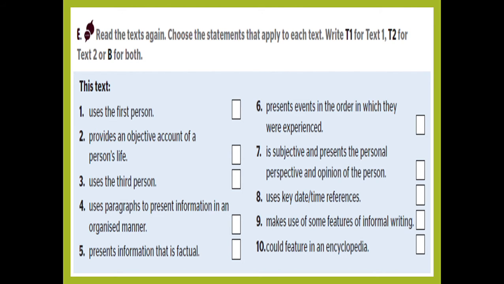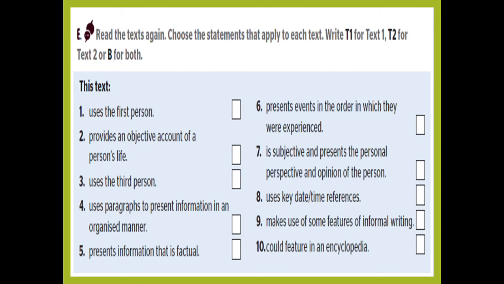Write T1 for text 1, T2 for text 2, or B for both. Now you can pause your video, read your 2 texts carefully, please. Read the text again, then decide your answers, okay? Now, let's check your answers.